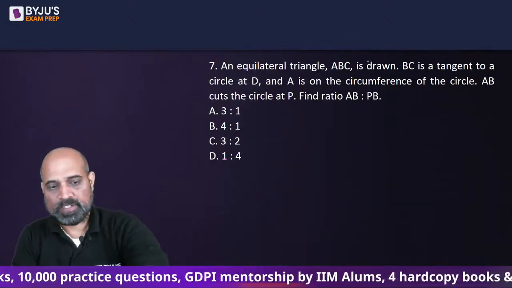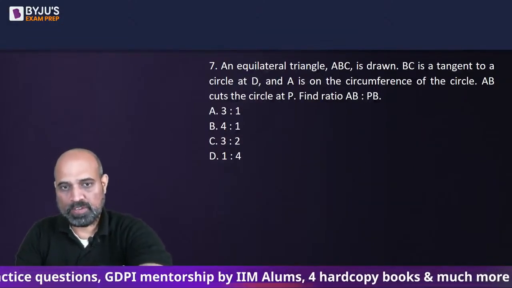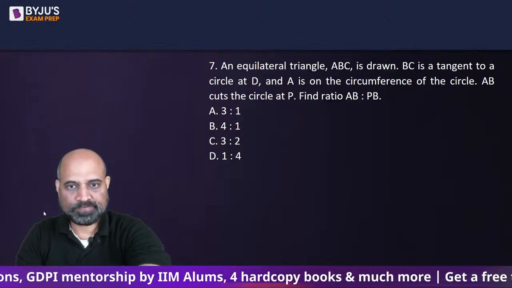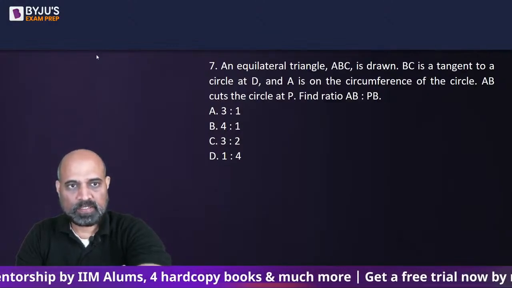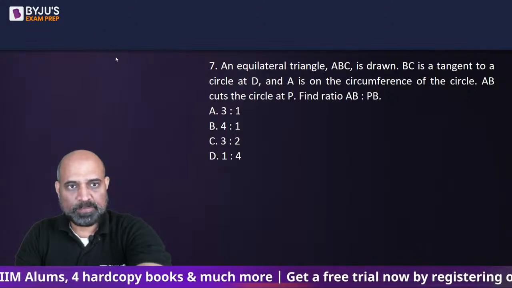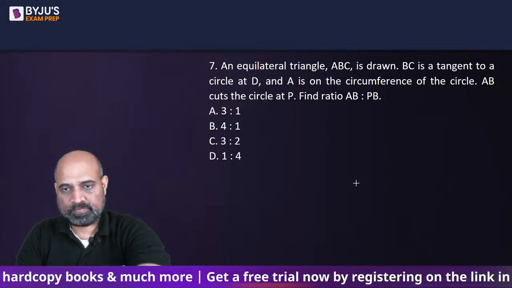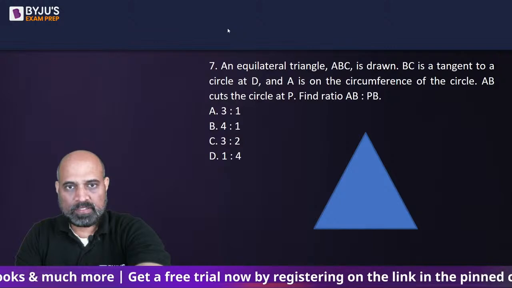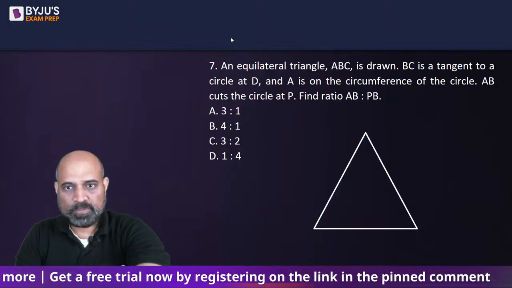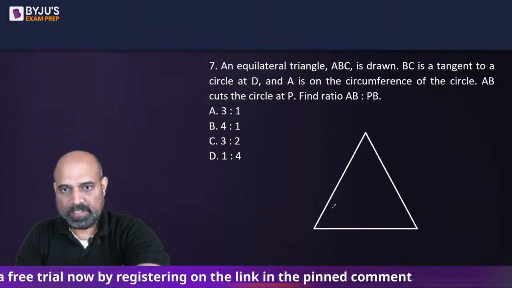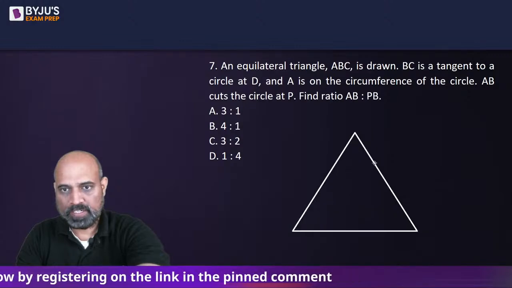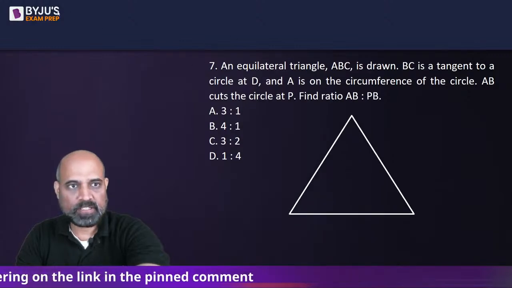The figure has to be drawn correctly. For that I will have to take the help of shapes. Shape fill, no fill, shape outline void, and we want this to be an equilateral triangle, so it should look like an equilateral triangle.